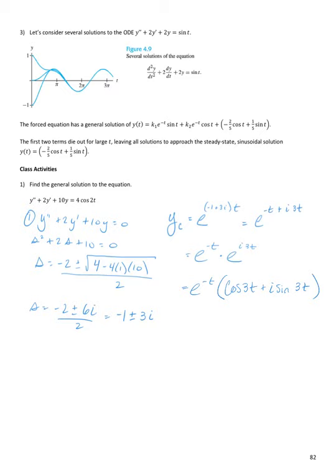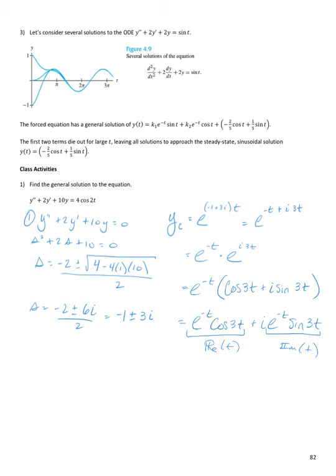Distribute my e to the negative t, so I get e to the negative t cosine 3t plus i e to the negative t sine 3t. This is my real solution, and this without the i is the imaginary part. And both of those are solutions themselves.